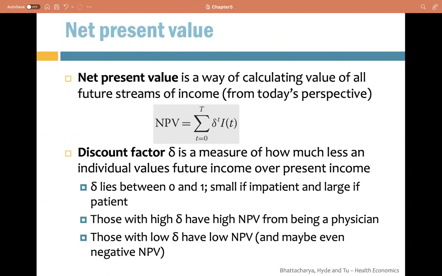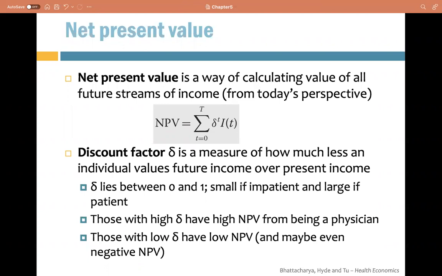This delta, the discount factor, is a measure of how much less an individual values future income over present income. Delta lies between 0 and 1. It is small if a person is impatient. That means if delta is small, then $1 tomorrow is worth less today. It is large if a person is patient. That means tomorrow's money is worth more today.